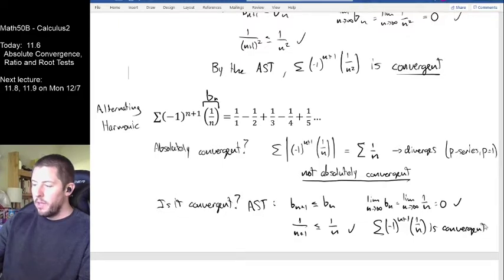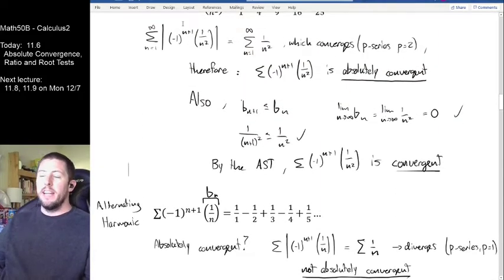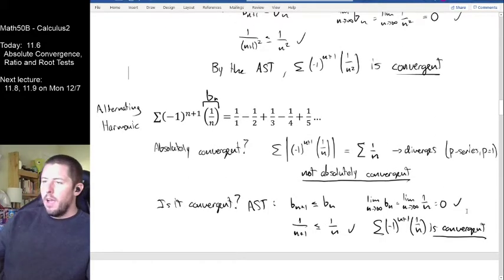Before we go on to the next page, I just want to highlight what we just saw. In the first example, we saw that the alternating series of 1 over n squared was absolutely convergent. You could take the absolute value of each term and it would converge, or you could just leave it alone, positives and negatives, and it's also going to converge by the alternating series test. Then we looked at the alternating harmonic series, and we saw that if you take the absolute value of it, it just becomes the harmonic series.